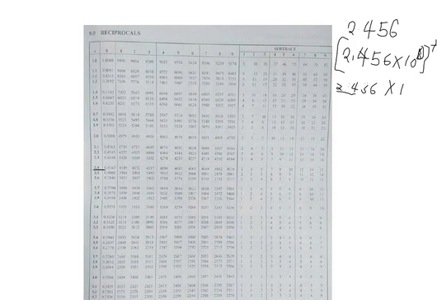We proceed with that row until we reach the column labeled 5 because our next digit is 5. So the column labeled 5 is right here. Move downwards to see where it coincides with the row 2.4, and yes, this is our number.